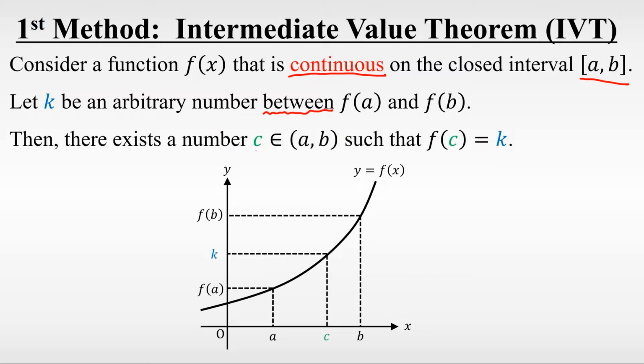Then there exists a number c in the open interval (a, b) such that f(c) equals k. So this is the intermediate value theorem. I am not going to prove this theorem because it requires some knowledge from college level analysis. So we are just going to intuitively understand this theorem and move on.